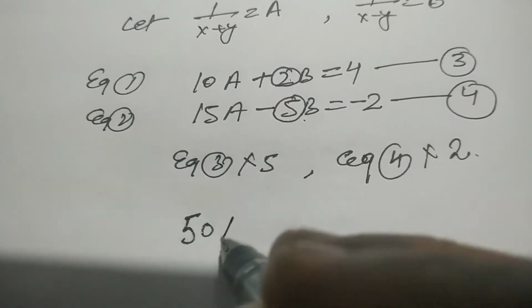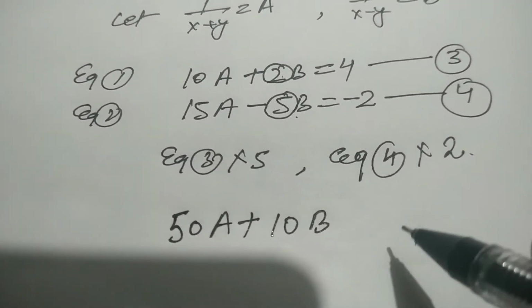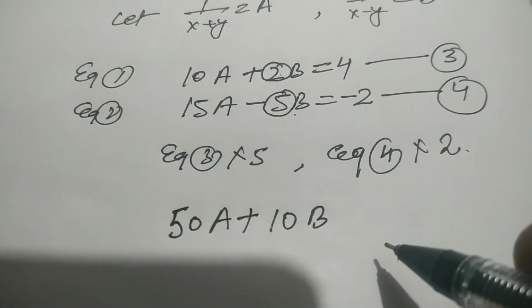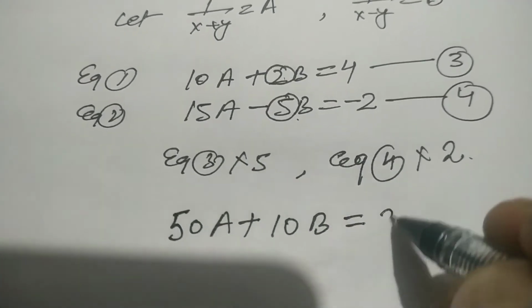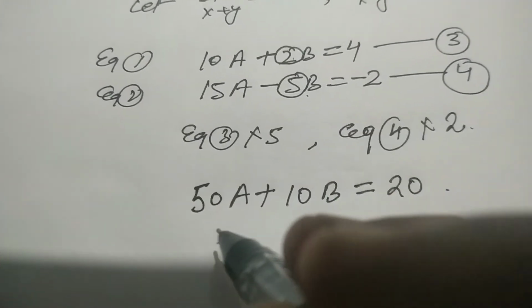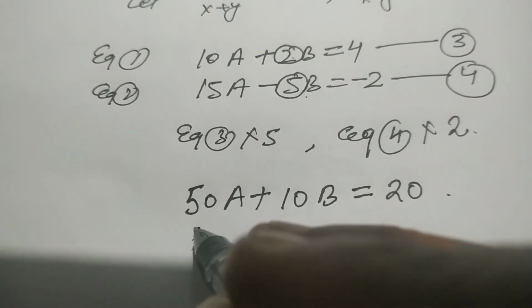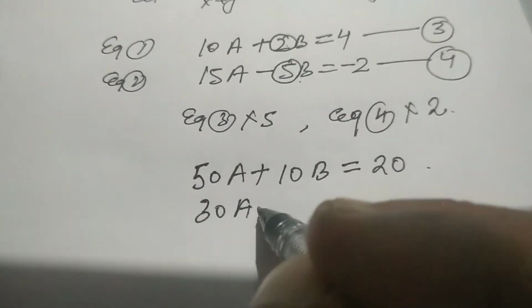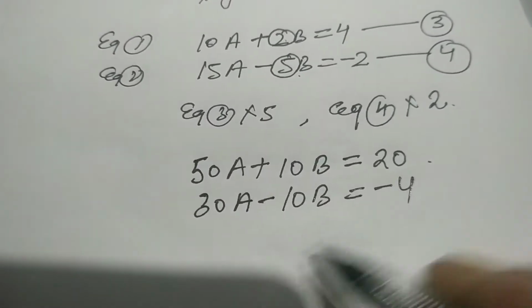Equation 3 becomes 50a plus 10b is equal to 20. And equation 4 becomes 30a minus 10b is equal to minus 4.